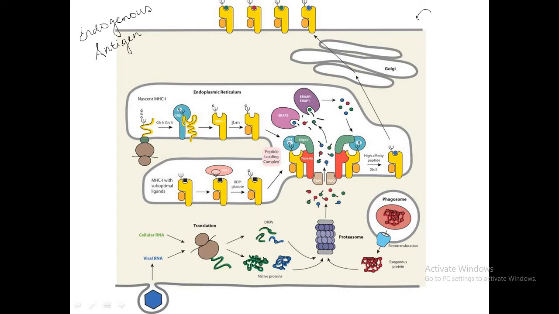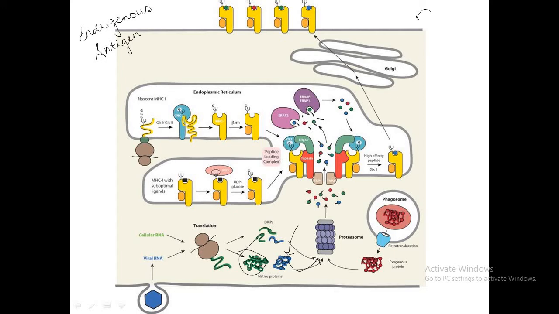So what happens? Suppose the translation of viral protein is taking place in the cytoplasm. The clearance of protein that takes place in the cytosol is mainly mediated by the proteasome complex. Suppose a ubiquitin tag has been given to this viral protein, which is needed for clearance.